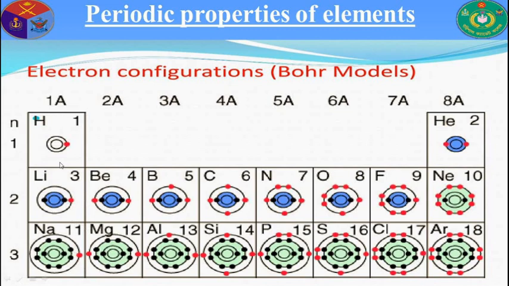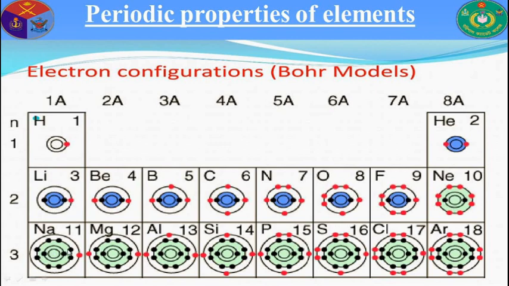As a result, the distance between the nucleus and the outermost energy level containing electrons increases more and more when we move from top to bottom, and the attraction between the nucleus and the electrons in its outermost energy level decreases.